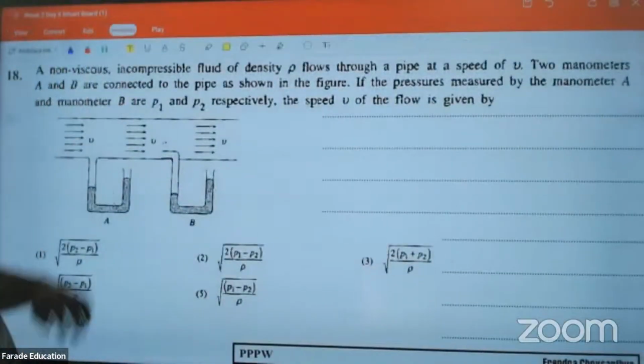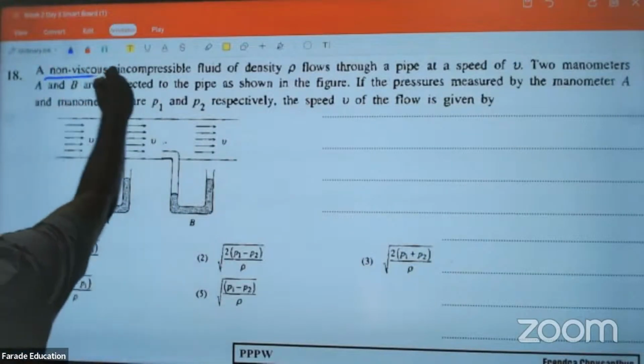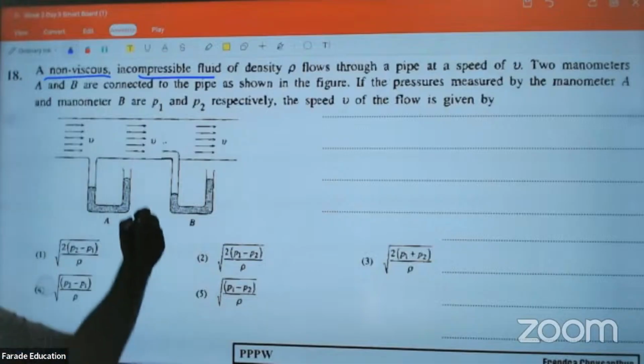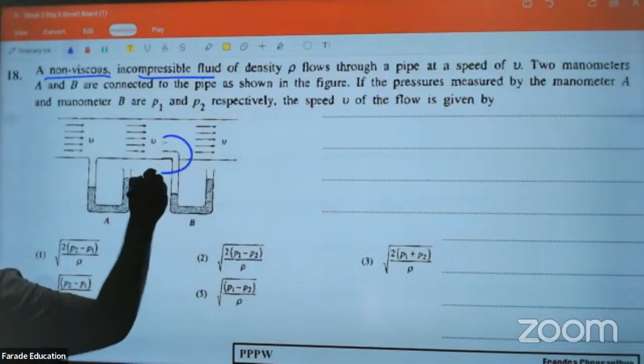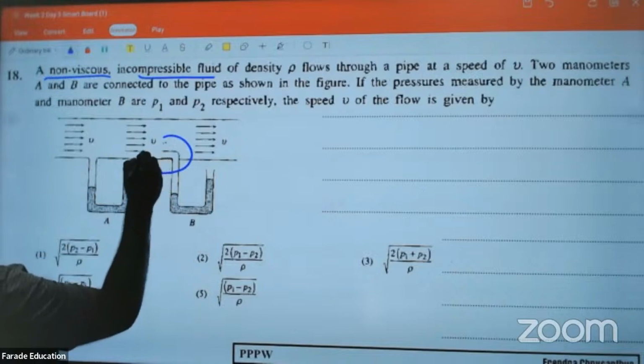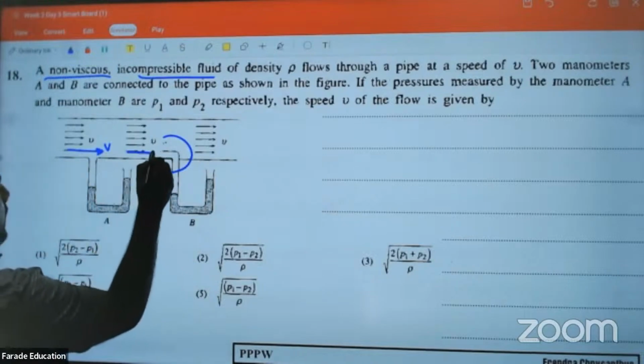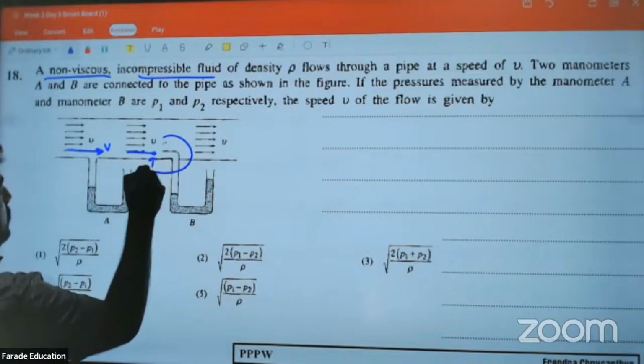Next one. A non-viscous, incompressible fluid, that means Bernoulli, flows through a pipe. Now remember, this part of the pipe is exposed. Here is a guaranteed stagnation point. Here velocity V. Here the particle comes to rest.